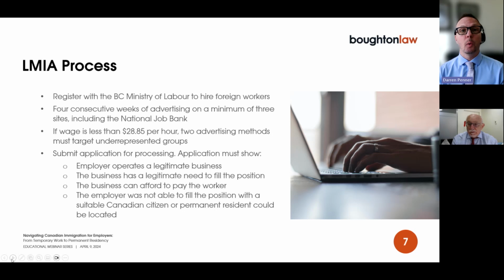This is a fairly new requirement, and it's also something that can hold up the process quite a bit. It came into effect a few years ago. Service Canada started requiring proof that that certificate had been issued at the time when we make the LMIA application about a year and a half ago.